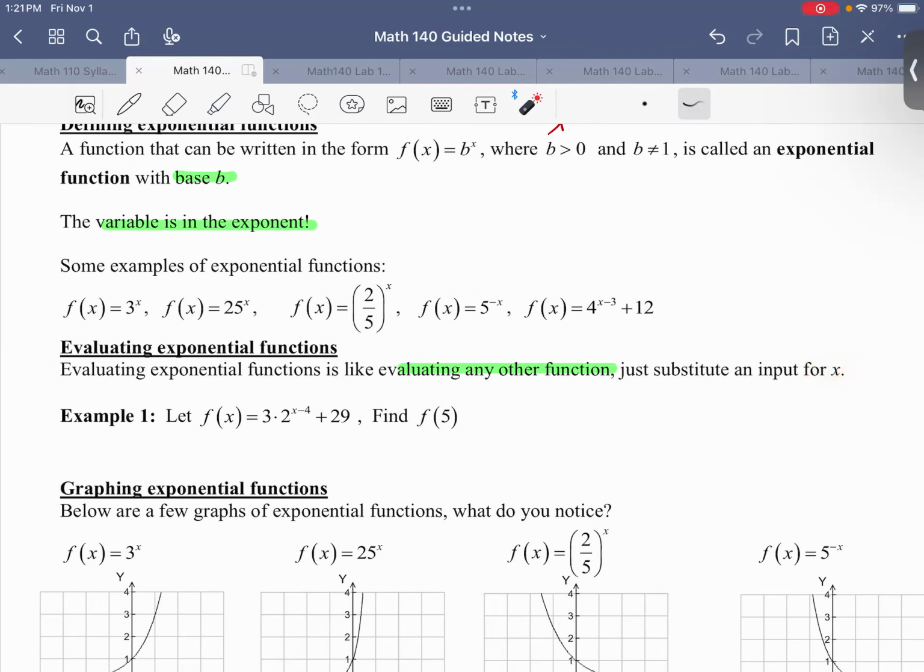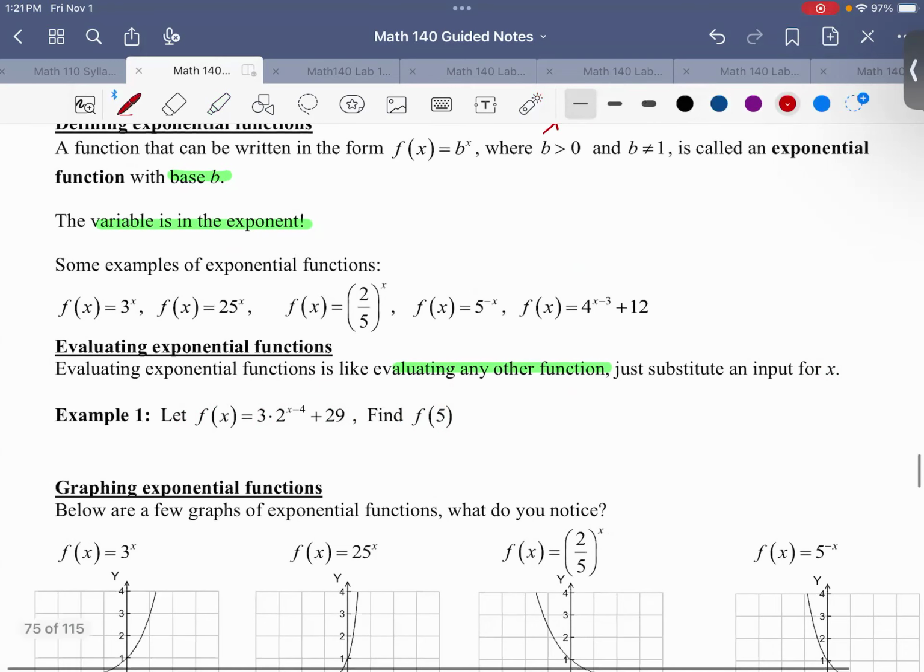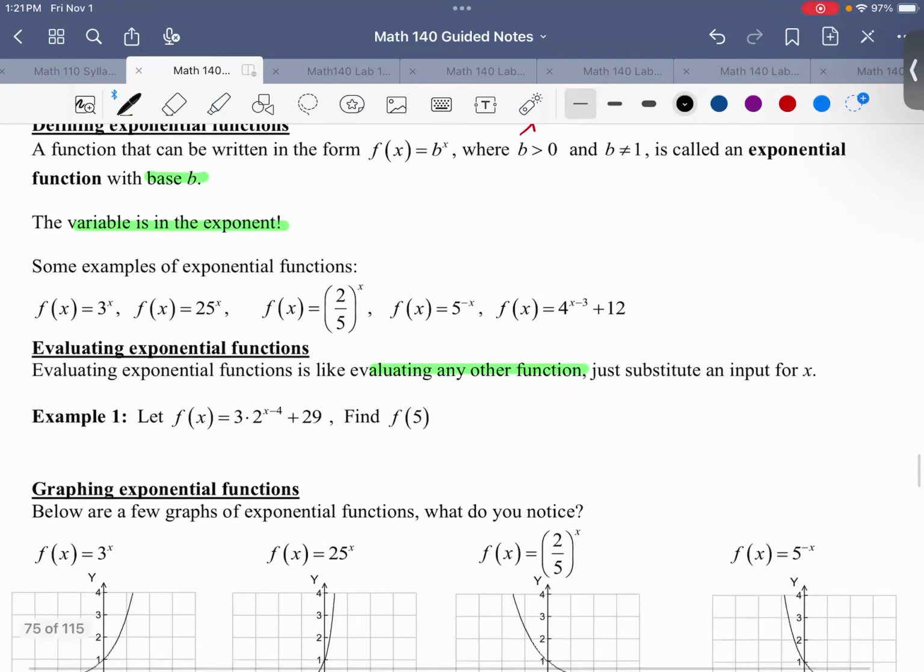So for the exponential function f of x equals 3 times 2 to the x minus 4 plus 29, we're going to evaluate at x equals 5. So I'm going to just plug in x equals 5 into this function. So f of 5 equals 3 times 2, I'm plugging in 5, so this would be 5 minus 4 and then plus 29 at the end of the function.